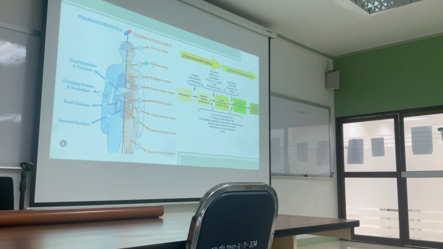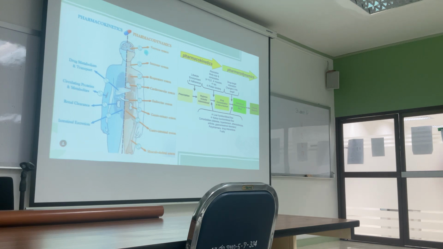And on the other side, with the orange picture, the pharmacodynamics of the medications. It means that when you get the medication into the body and it is already in your circulation or in your blood, the medication will go to your site of the disease.